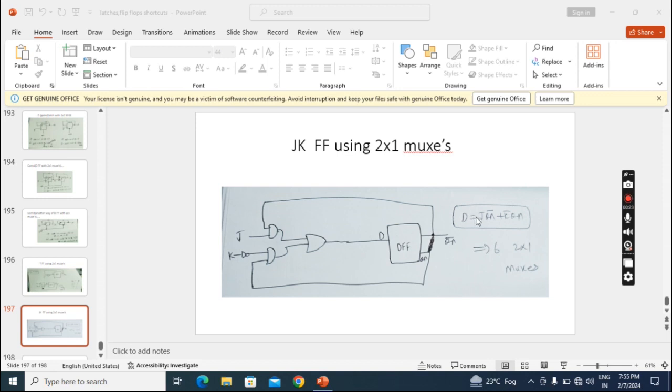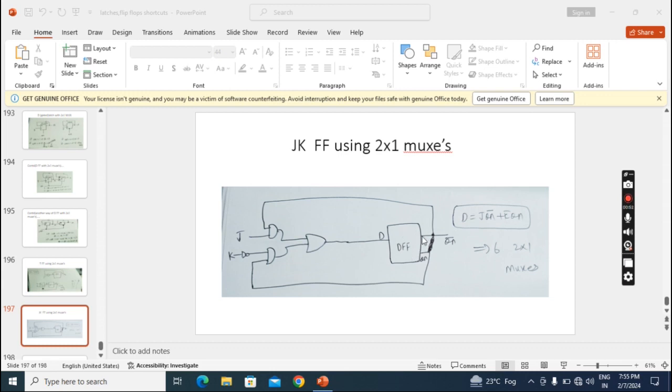This is the equation, so for this D, connect that equation. Now implement this inverter with a 2 by 1 mux, these 2 AND gates with 2 by 1, and this OR gate also with 2 by 1. So this is the first 2 by 1, this is second, third, fourth, and it needs 2. Total 6 2 by 1 multiplexers we can get. This is the easiest way of implementation.